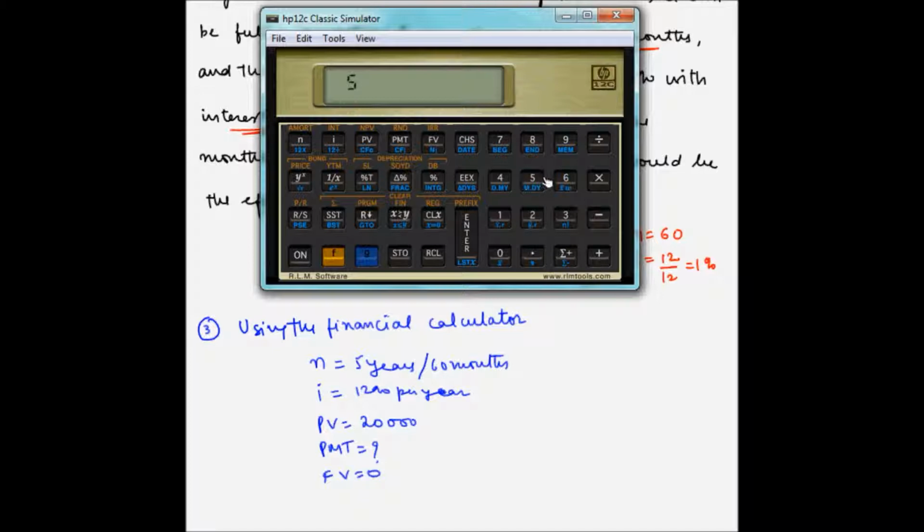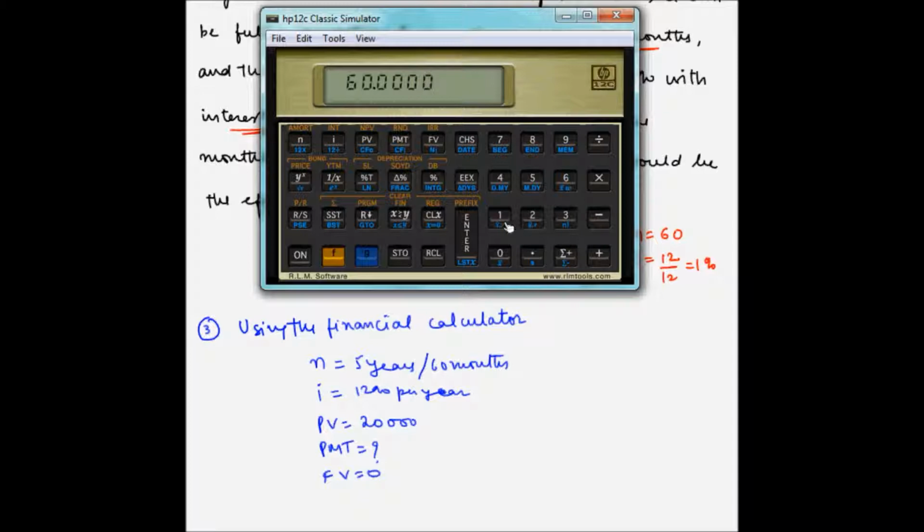Now this is on a yearly basis. However, the compounding is happening on a monthly basis. So we have to convert this into monthly period basis. So we'll click G and then we click this 12x. So that means there are 60 periods.